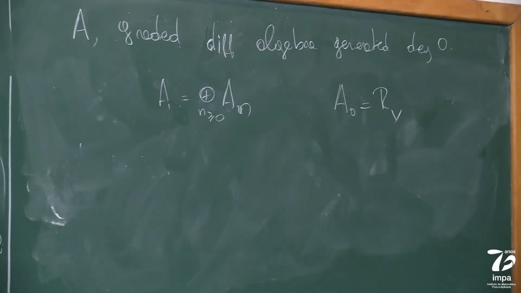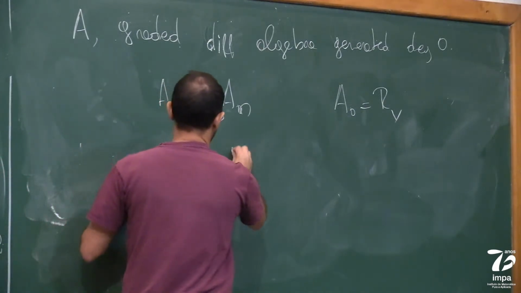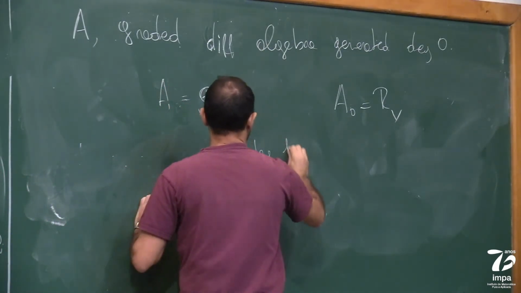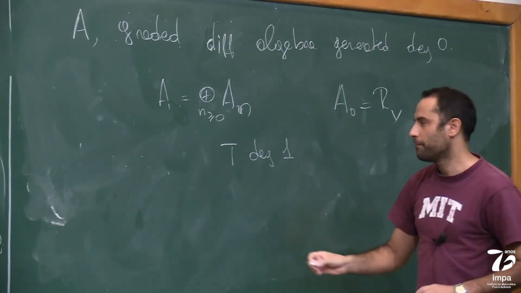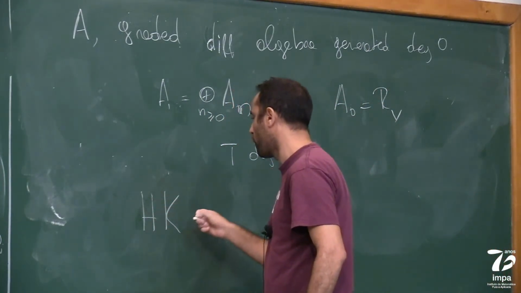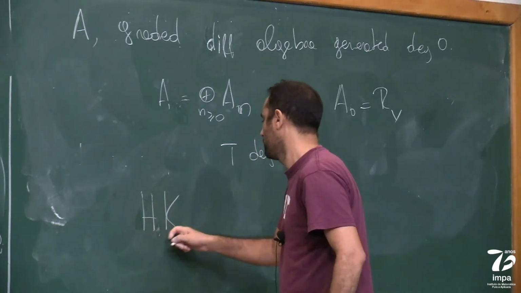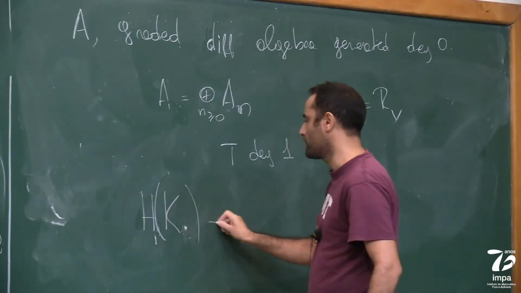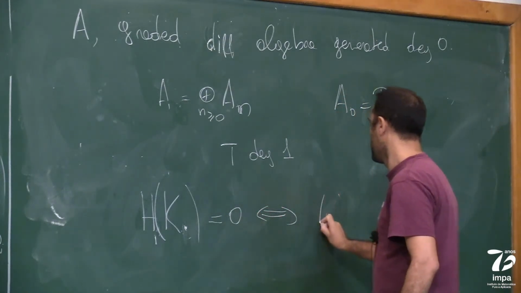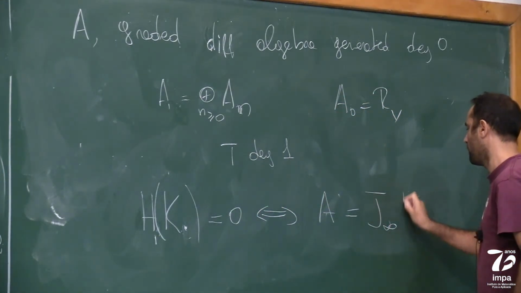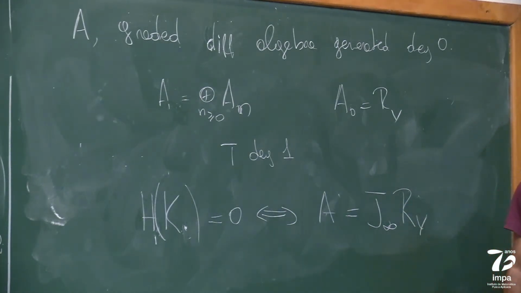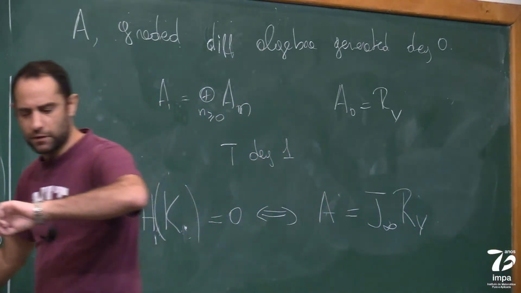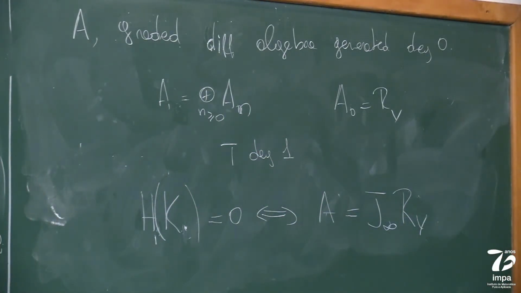If you have a graded differential algebra with a derivation of degree 1, then the homology in degree 1 of the Koszul complex, let me call it HK1, is 0 if and only if your algebra A is the arc space of A_0. I don't have time to write anything, so I'm going to prove this next time. But this is how this condition of classical freeness appears in chiral homology.